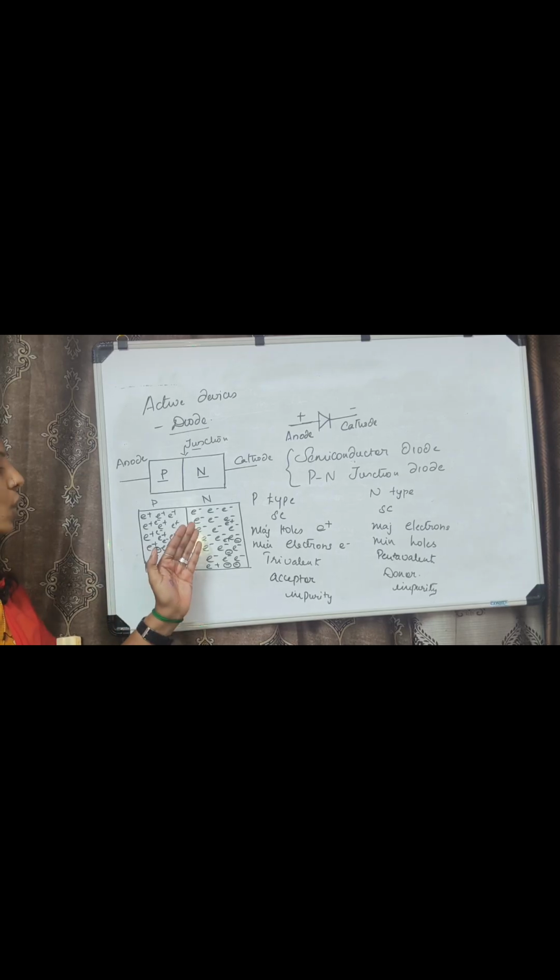So in the P-type, holes are the majority charge carriers and electrons are the minority charge carriers, as well as acceptor impurities are available. In the N-type semiconductor, electrons are the majority charge carriers, holes are the minority charge carriers, and donor impurities are available.